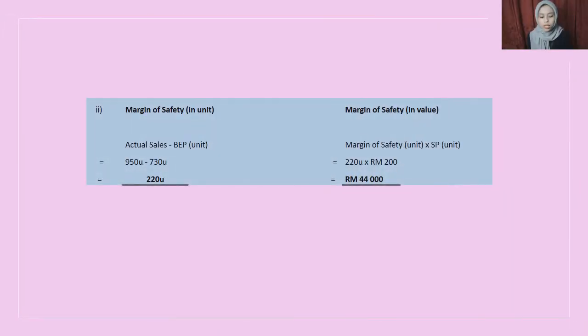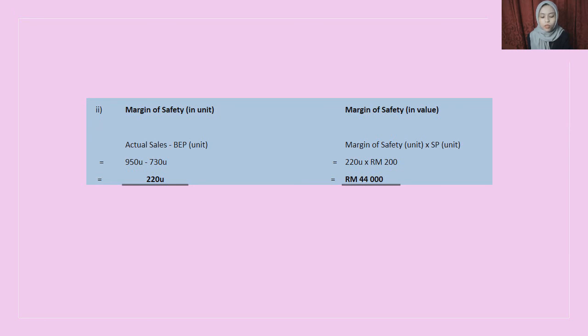The next is the margin of safety in units and value. For the margin of safety in units, the formula is the total budgeted or actual sales minus the BEP unit. The total budgeted or actual sales is 650 units minus the BEP unit of 730, and then we get a total of 220 units.